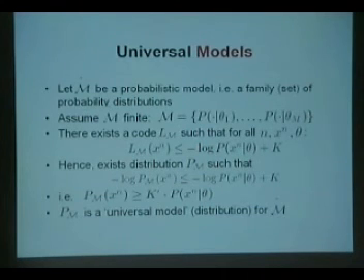Here I map from distributions to codes. Here I can map from codes to distributions. I know that if I have this code, there must be some distribution such that minus log of the probability that this distribution assigns to the sequence is at most minus log the probability of the sequence plus a constant.